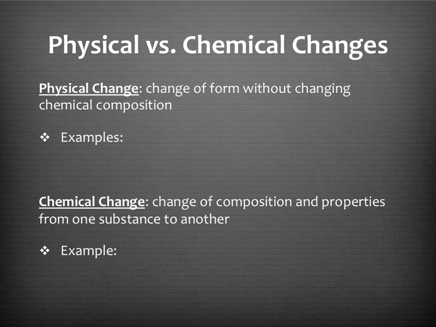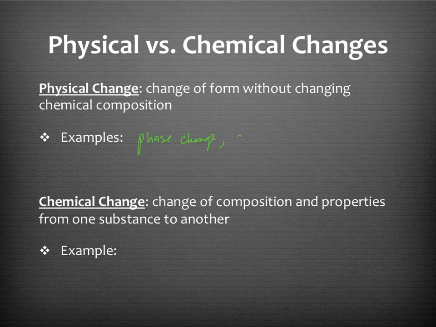All right, so now we've finally come across physical versus chemical changes. This is how you're going to change substances. So physical changes is a change of form without changing chemical composition. So no chemical reactions. Examples include phase changes. Think about water to ice. Still the same H2O, still the same chemical composition, but you're physically changing what it looks like, going from liquid water to solid ice.